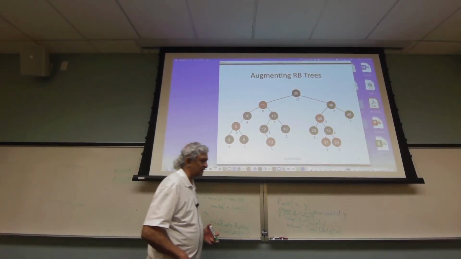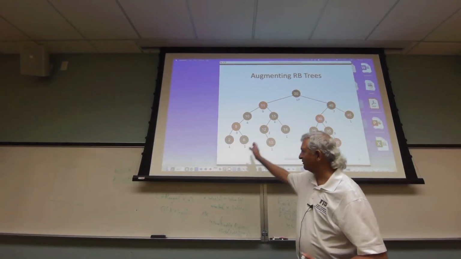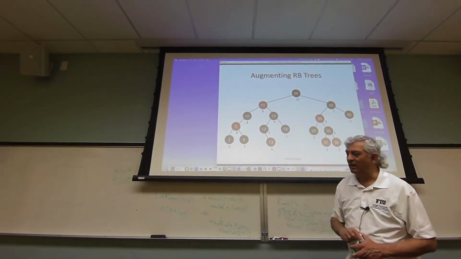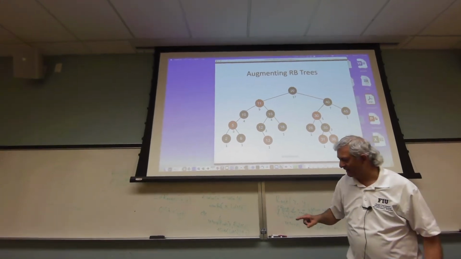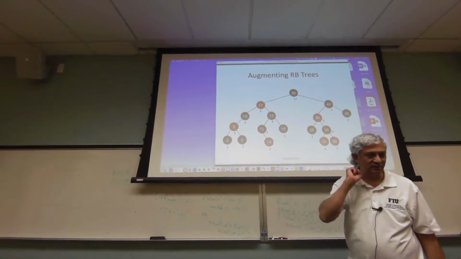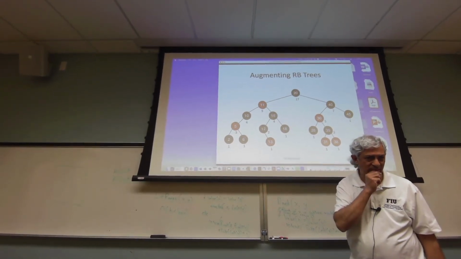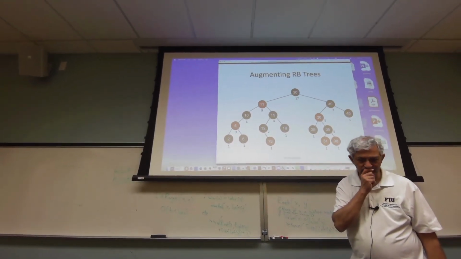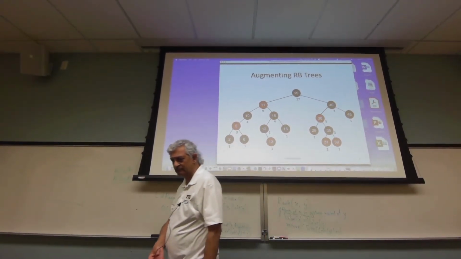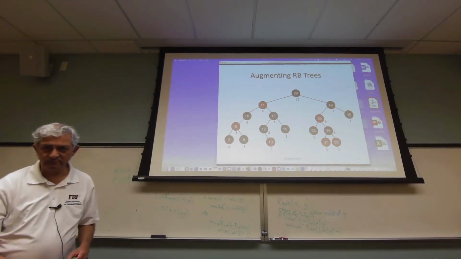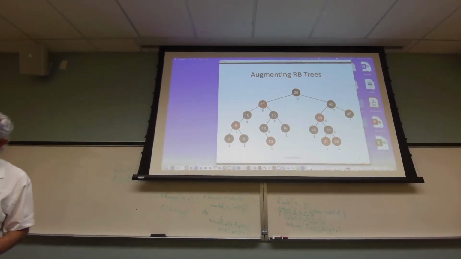And the way that's done is by adding some more information here. And what kind of information would you like to add in order to make that k plus log n? Everyone understand the question? Understand the problem here?